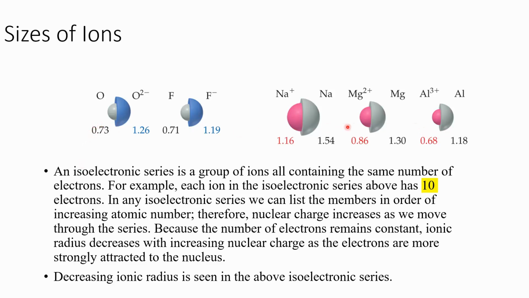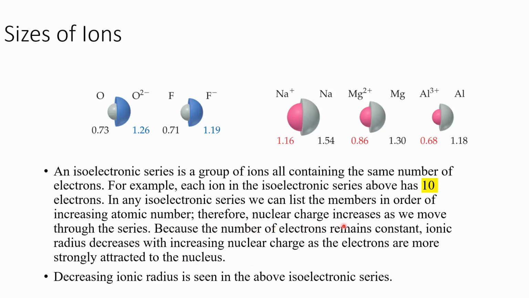So all of these are isoelectronic. Now, how do we arrange them in order of size? In any isoelectronic series, we can list the members in order of increasing atomic number, as we did here: 8, 9, 11, 12, 13.